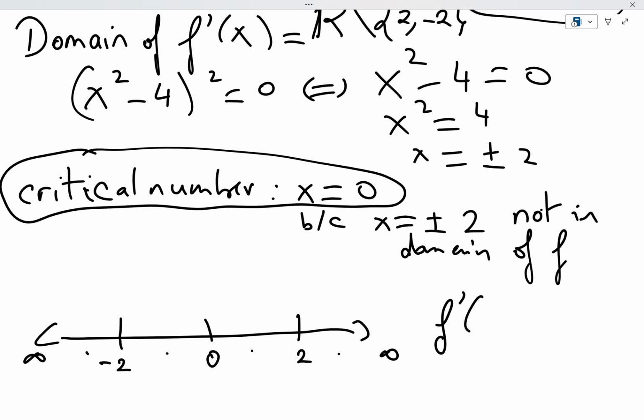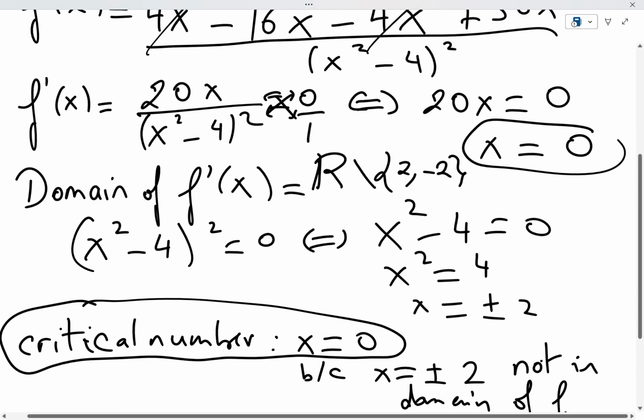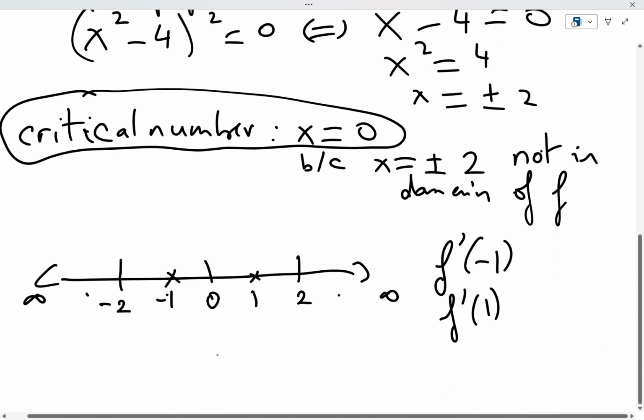That means, is the slope of the function positive or negative? And for that, we need to look at the sign of the derivative because the derivative represents the slope of the function. So I'm going to pick a point to the left, -1, and then to the right, 1. Remember, the derivative is 20x over x squared minus 4, squared.